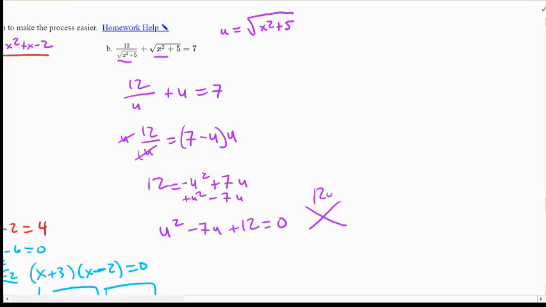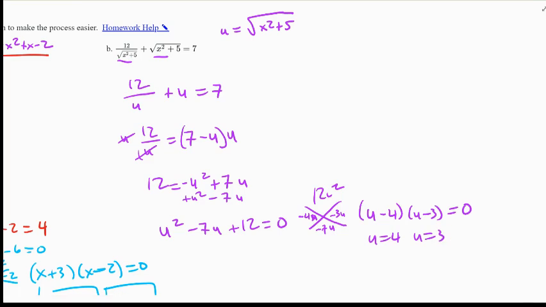So I got 12, u squared, negative 7u, that would be negative 4 and negative 3. And so u minus 4 and u minus 3. And so u is equal to 4 and u is equal to 3.